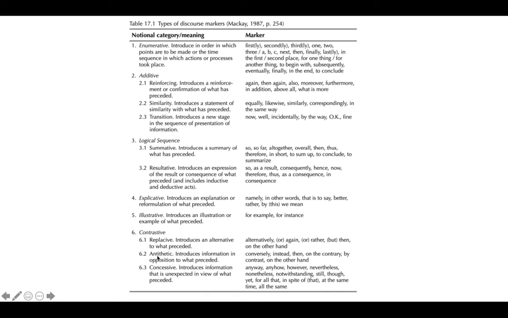Instead of using words like concessive, antithetic, replacive, you could always just use the introduction of what the discourse marker does, rather than this vocabulary that the learners might not understand. The idea is just for them to know what they mean, and then how to use them.